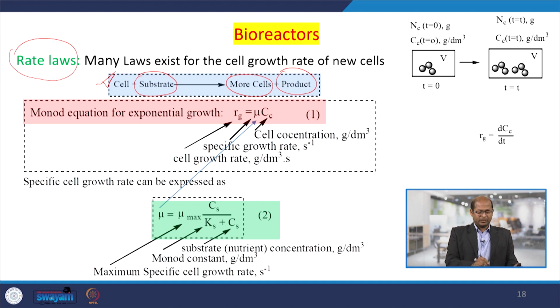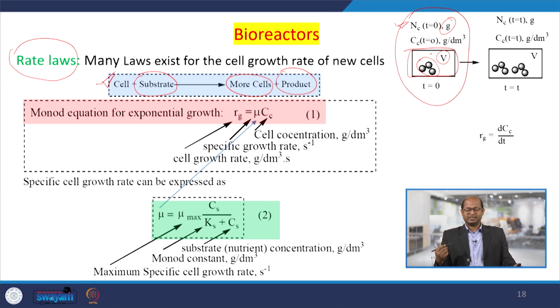Okay. So, here you can see at the beginning, let us say N_C amount or grams of cells were taken in a reactor, that may be a batch reactor, it has a particular volume. So, that many cells were taken at t equal to 0, or cell concentration Cc, that you can say gram cell per dm³, dm³ is the volume.